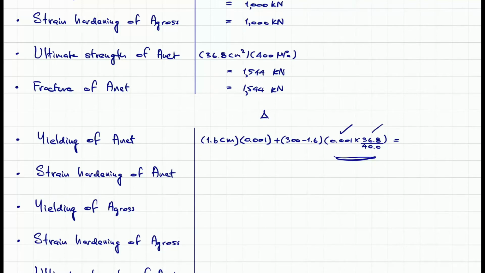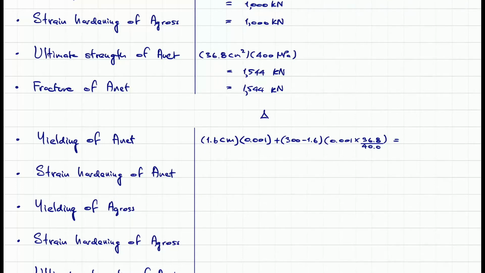So this is the stress ratio between the stress on the A gross compared to the stress on the A net. Alright, so we can use that interpolation. It's just a linear interpolation because you are still on the same straight line.